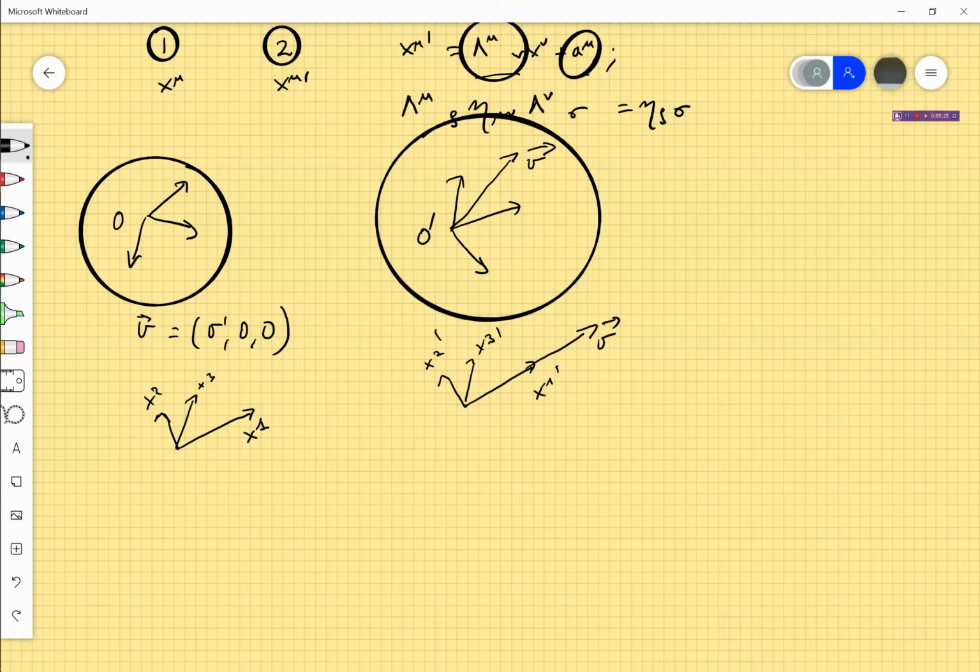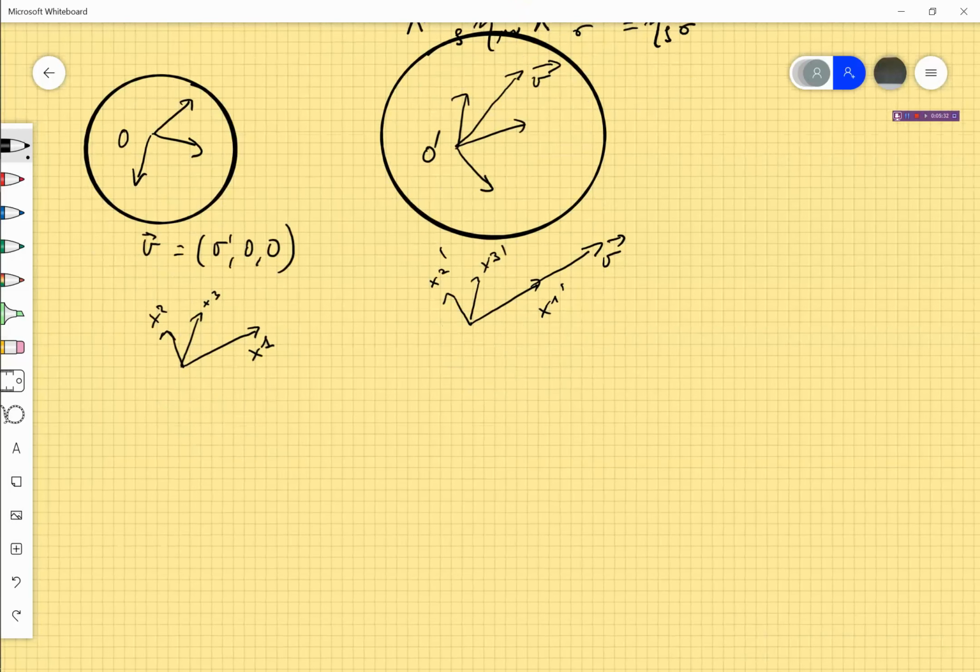A third simplification that we are going to do, and this is achieved by a space-time translation, is that we are going to make O and O' coincide at t equals 0. Only at t equals 0.